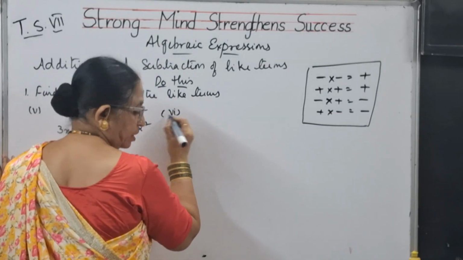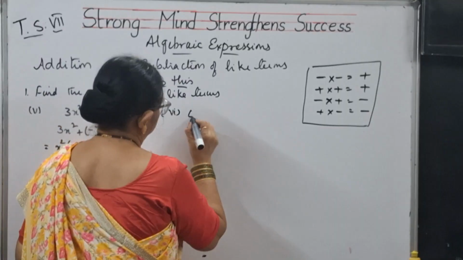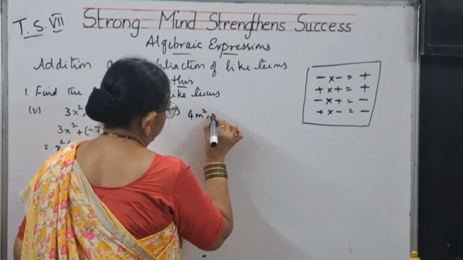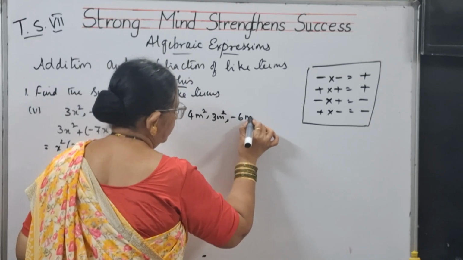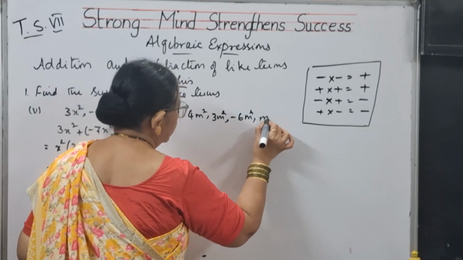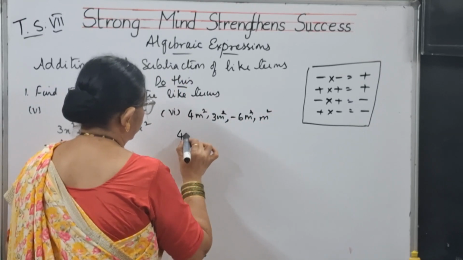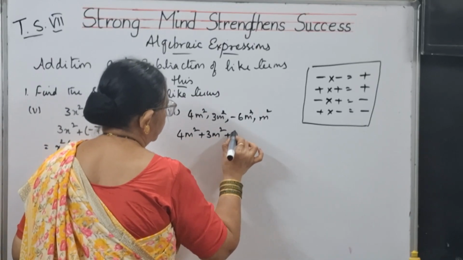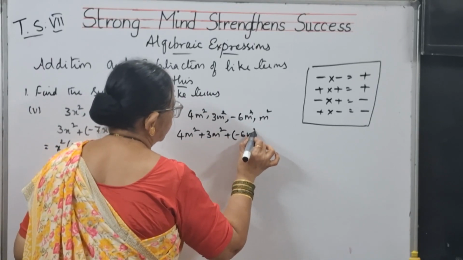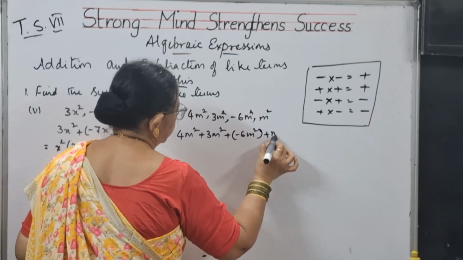Now, sixth one, 4m square, 3m square, minus 6m square, m square. So, 4m square plus 3m square plus of minus 6m square plus m square.